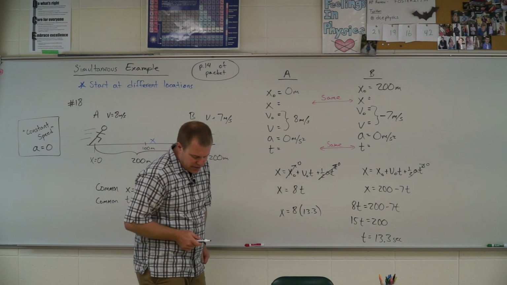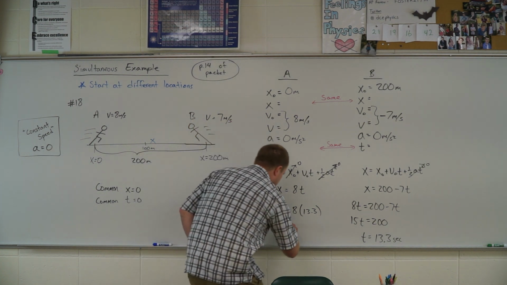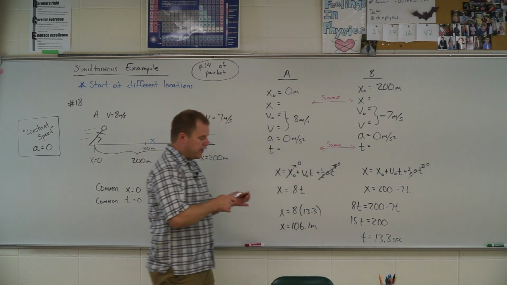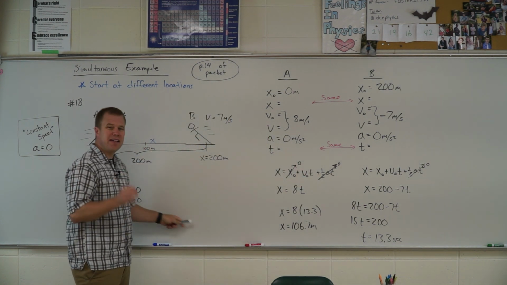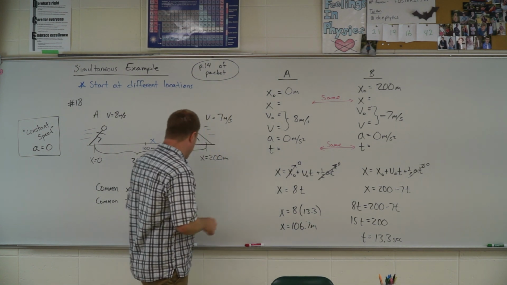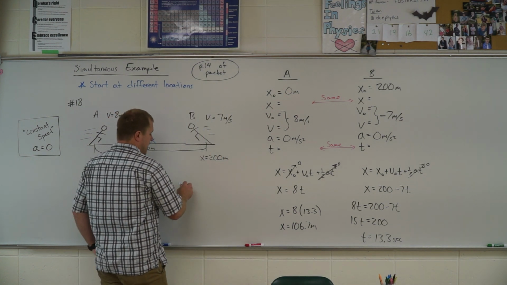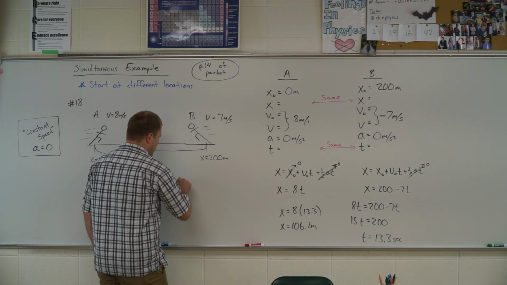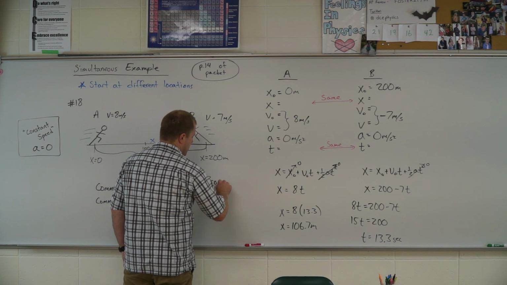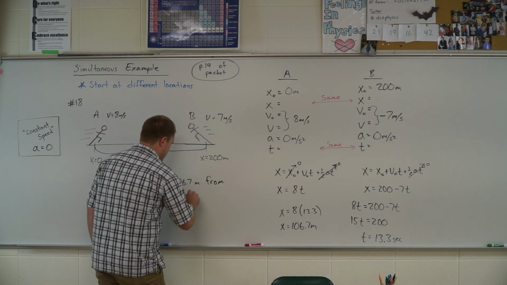And 8 times 13.3 gives me 106.7. 106.7 is the location on here. Now, because they didn't tell me where x equals 0 and I chose it, when I write out my answer, I'm going to say it's 106.7 meters from where A started toward B.